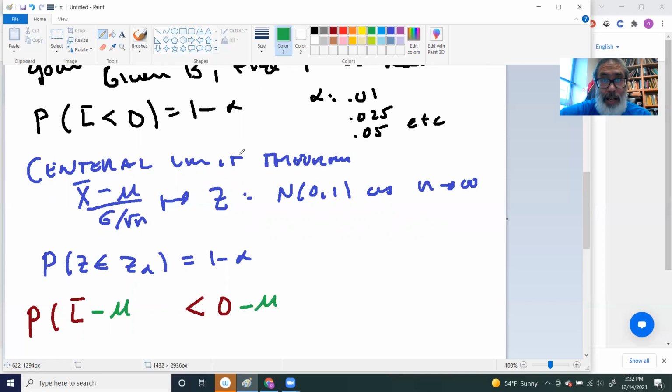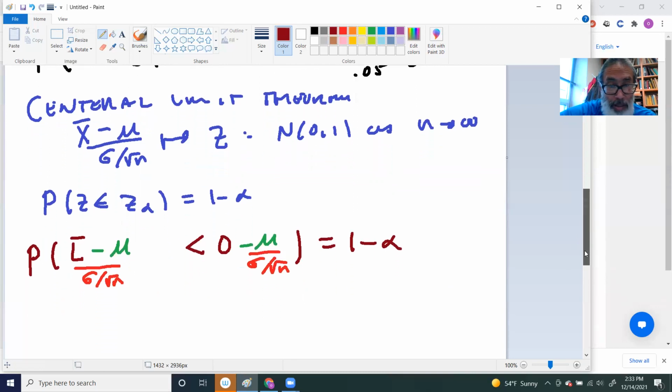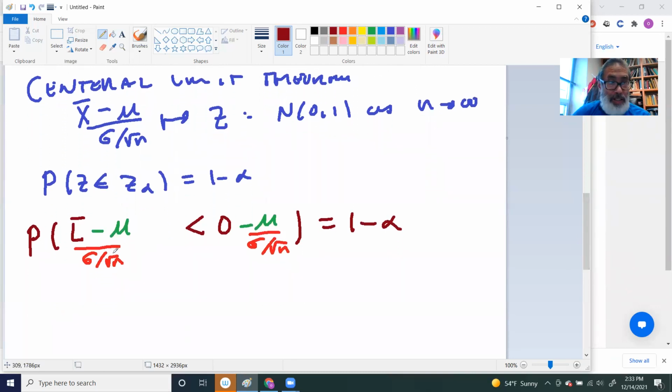And then I can divide both sides by, let's do it with red here, sigma over the square root of n. And then we know that this is going to be 1 minus alpha. So we've transformed this. We can now use the normal distribution.